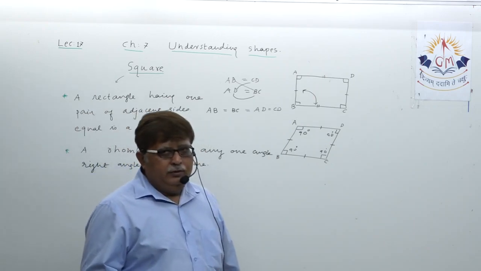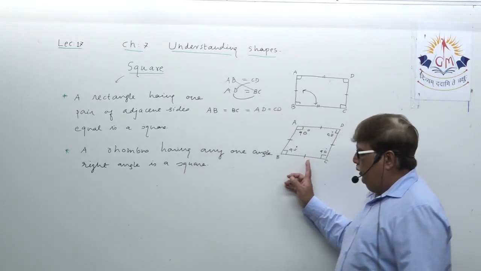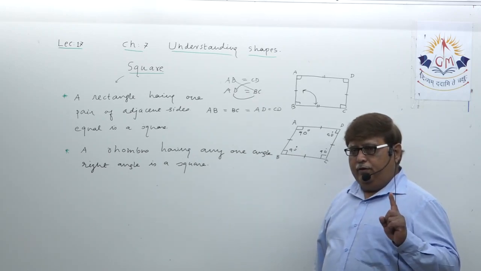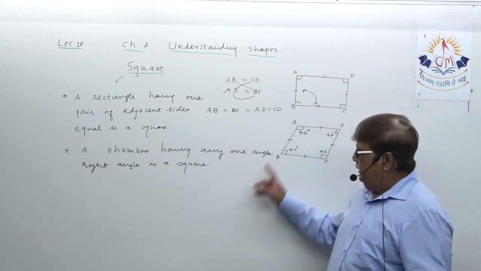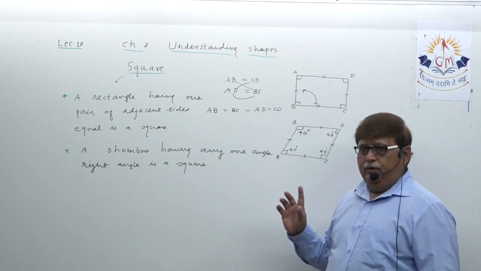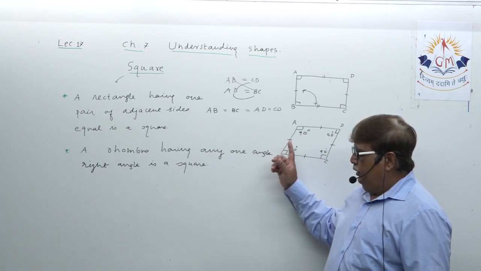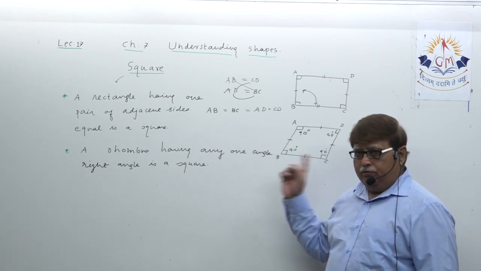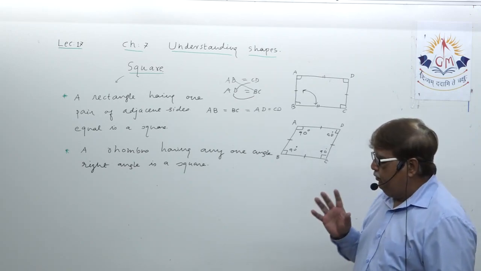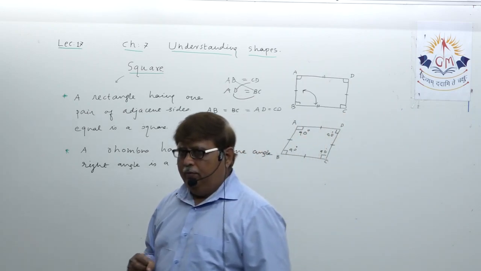So dear student, a rhombus can become a square subjected to one condition, that is, one of the angles has to be a right angle. So rhombus can become square, square cannot be rhombus. You understood, dear student? This way you need to collect the facts in your mind.